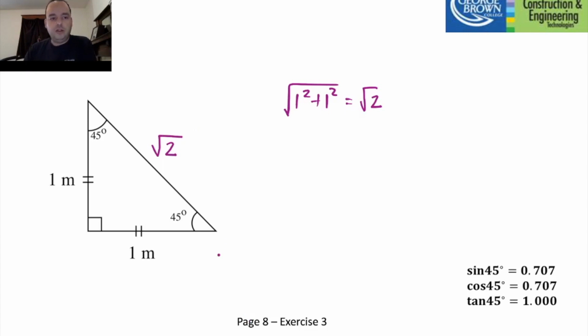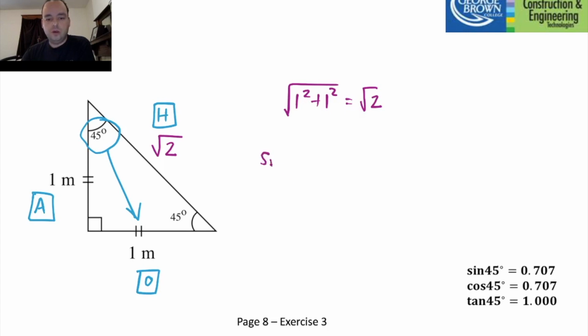If we're going to use the ratio sine, cos, and tan of 45, it would be useful to pick one of the angles. It doesn't matter which angle you pick, so just for argument's sake, I'll pick that one there. So that would be the opposite, and that would be the adjacent. And of course, the root 2 is opposite the right angle, and that's your hypotenuse.